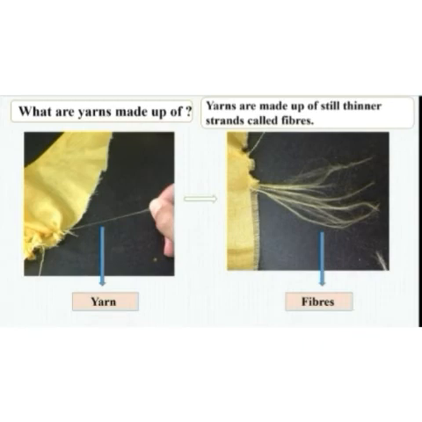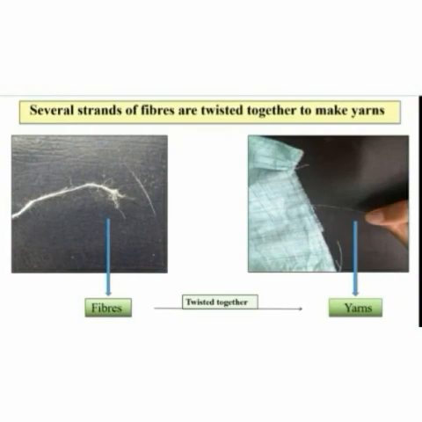What are these thinner strands called? These thinner and small strands are called fibers. Thus, we can say that yarns are made up of still thinner strands called fibers, or in other words, fibers are twisted together to make yarns.